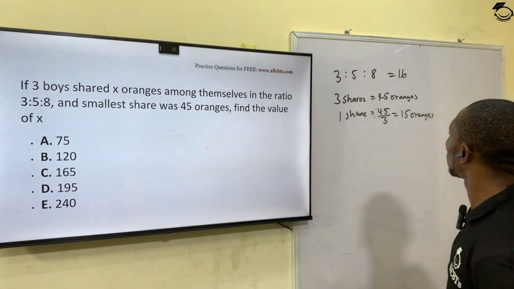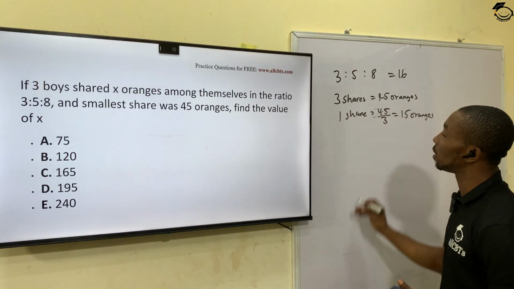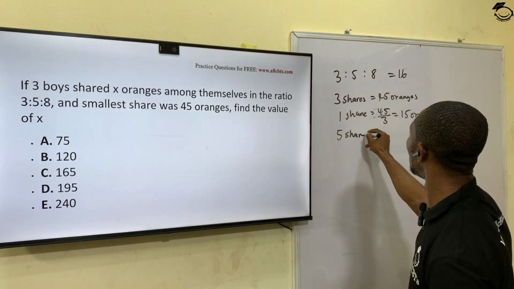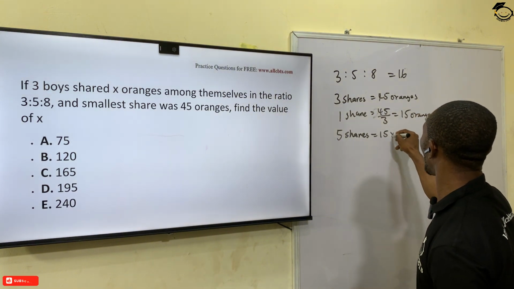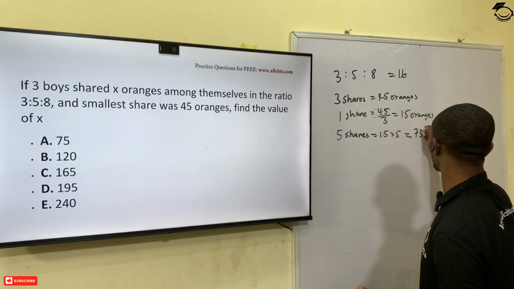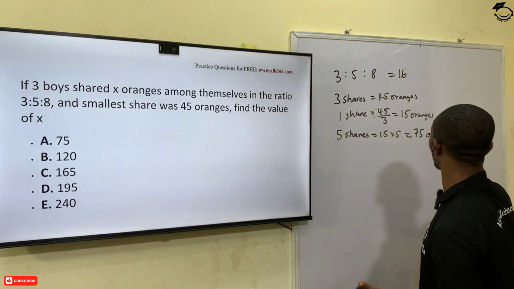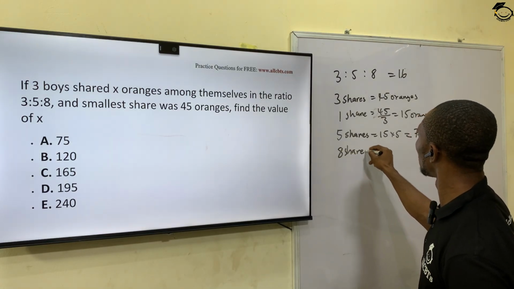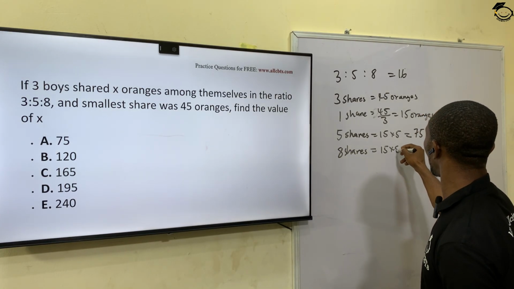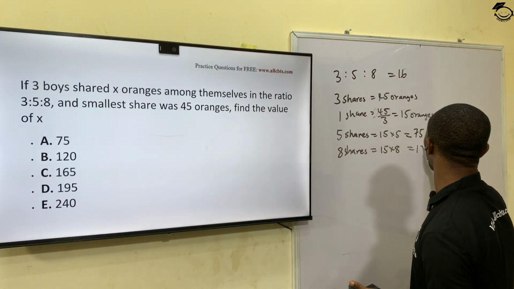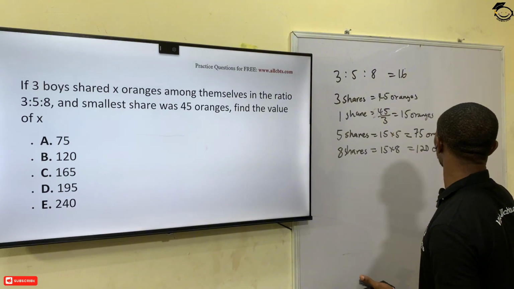Now, for the total number of oranges, if 1 share is 15 oranges, so 5 shares would be 15 times 5, which will give us 75. And 8 shares would be 15 times 8, which gives us 120 oranges.